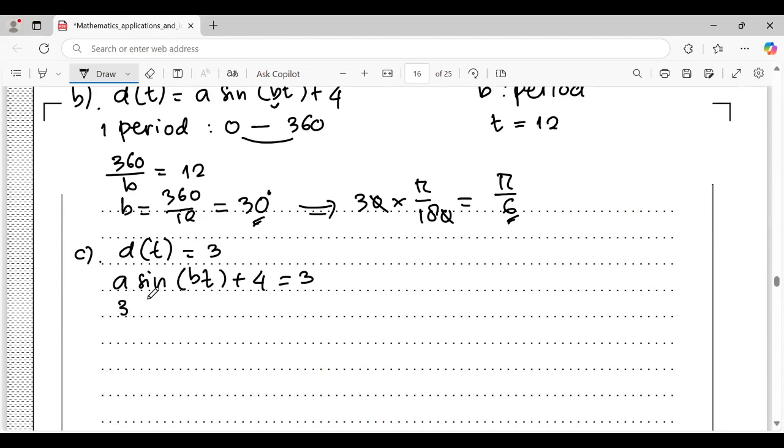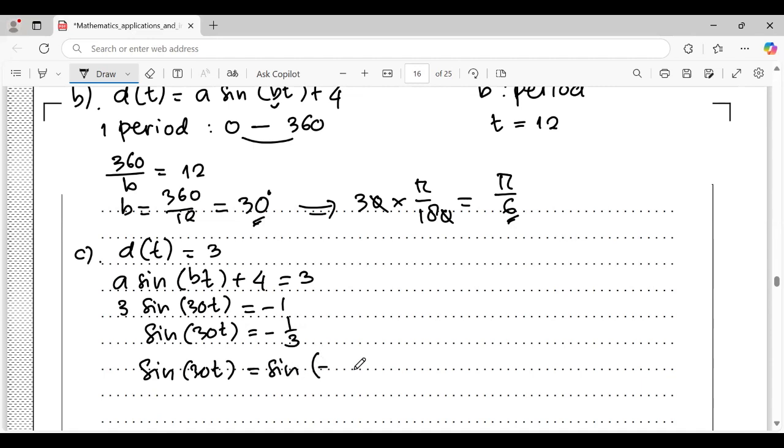A equals 3, B equals 30, so 3 sin 30t equals 3 minus 4, which is minus 1. Sin 30t equals minus 1 over 3. So 30t equals the inverse sine of minus 1 over 3.